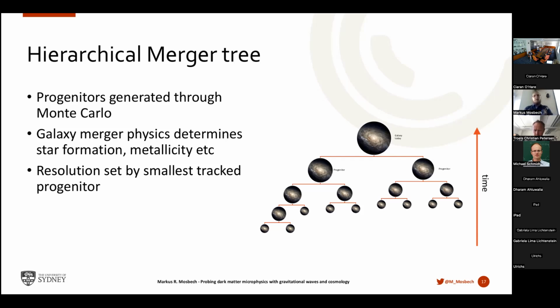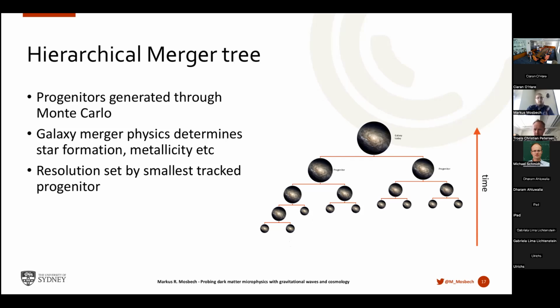And then we go back to, in our next time step, if we merged, would our two progenitors have been formed from a merger? Which two galaxies would they have merged from? And we do that for our entire population of galaxies today, and go back until we reach the smallest progenitors that we want to track, which is the resolution parameter in the setup.